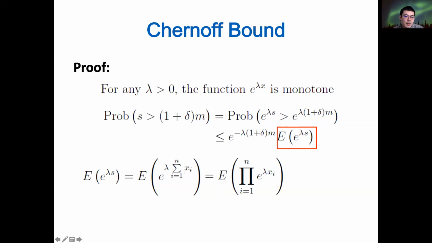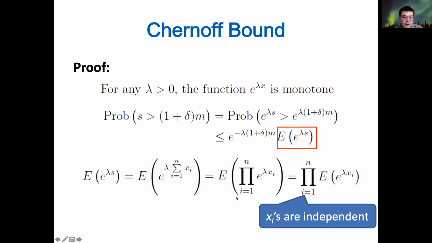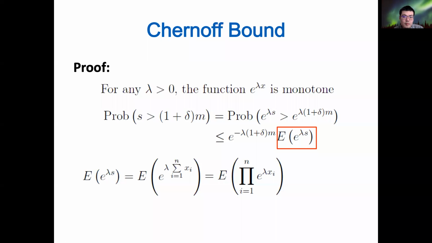So we can write it like this, because the exponential of a plus b, e to the power a plus b, is equal to e to the power a times e to the power b. So the summation inside the e can become a product after the e. I hope this is intuitive.